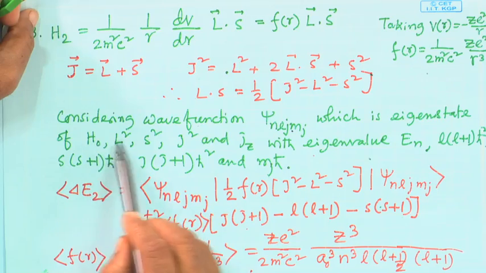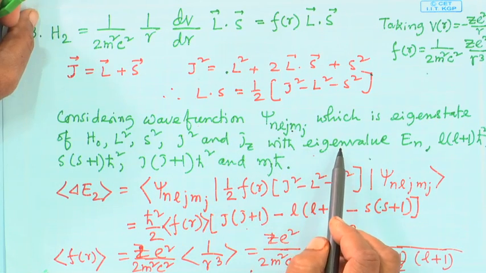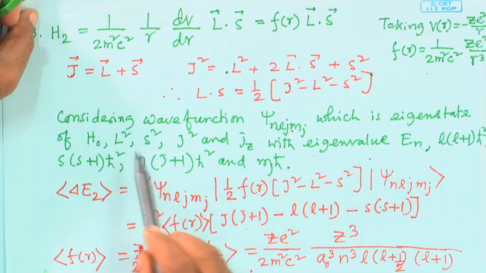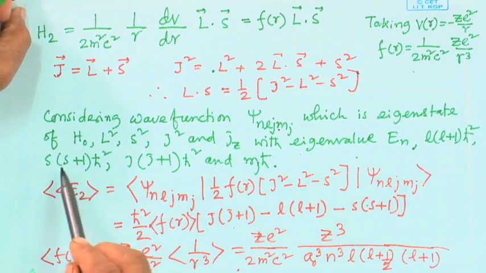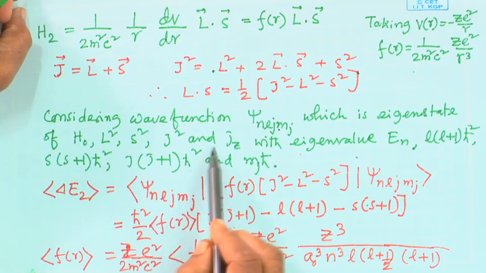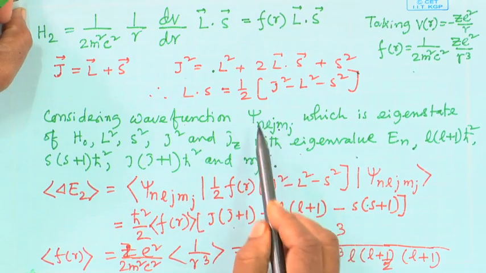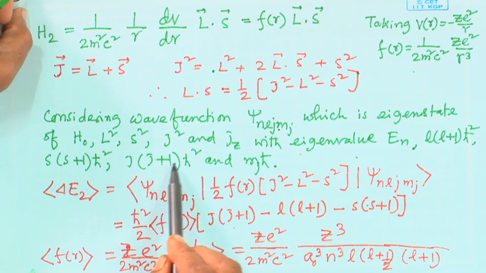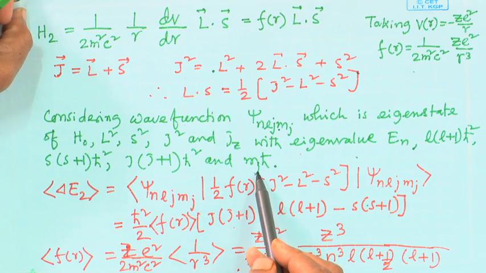If you operate these operators on this wave function, we get the eigenvalues: H0 gives E_n, L² gives L(L+1)ħ², S² gives S(S+1)ħ², J² gives J(J+1)ħ², and Jz gives m_j ħ.